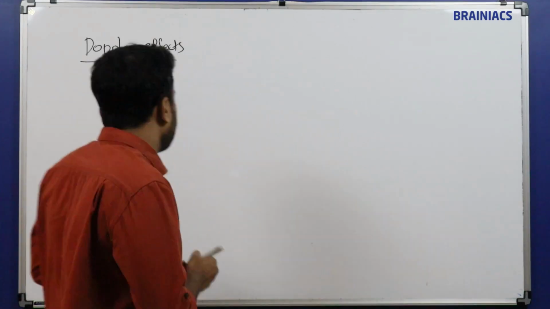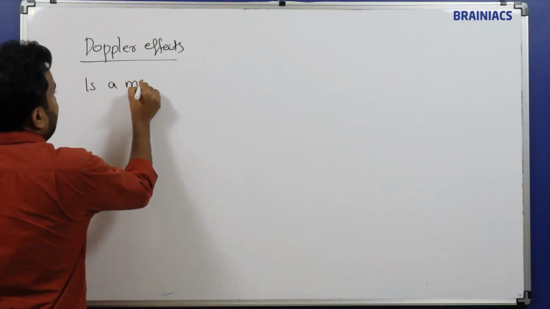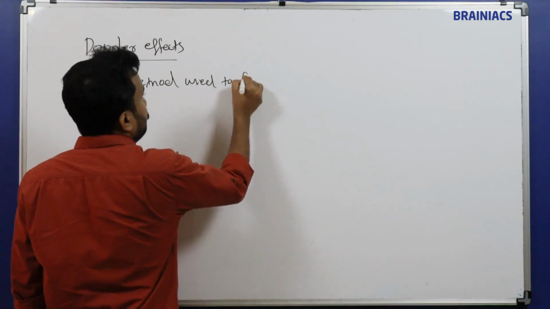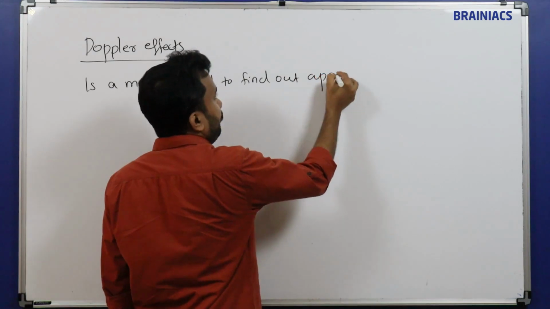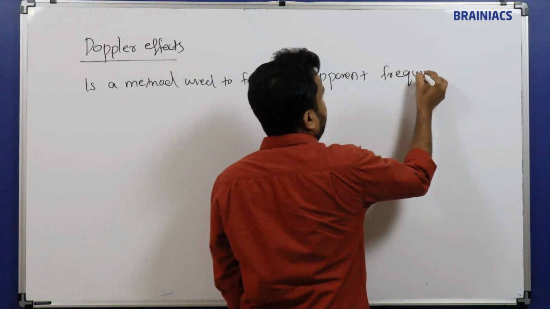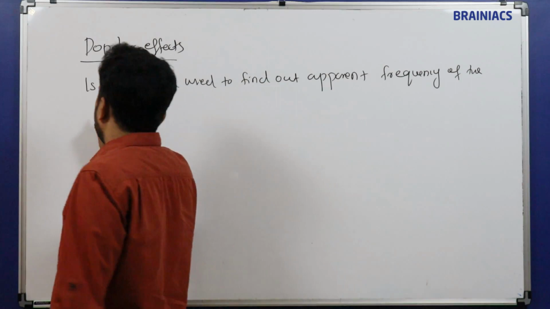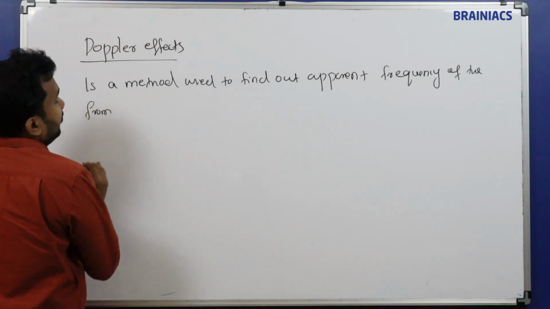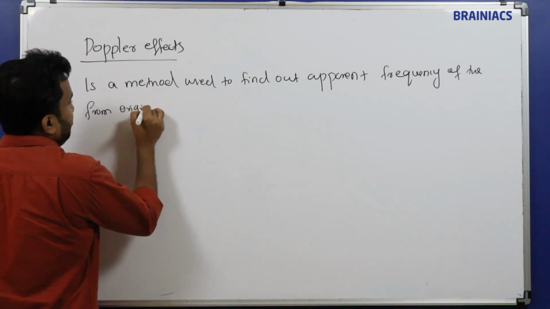So the Doppler effect is a method used to find the apparent frequency of the sound wave from the original frequency.